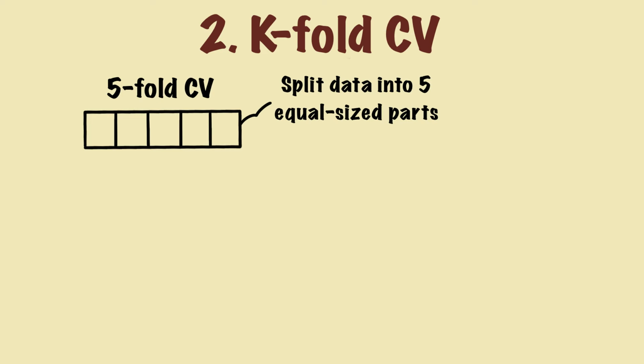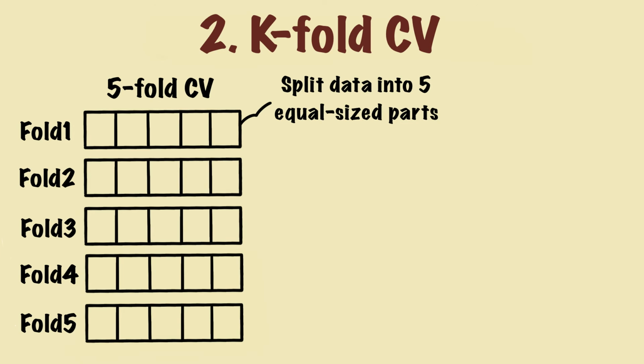Since we are using 5-fold cross-validation, we split our data into 5 subsets of equal size. Remember, we only use training sets. It's only 80% of our total data. Then we do the same split 5 times since we are using 5-fold cross-validation. So if you are using 10-fold cross-validation, you have to do the same split 10 times.